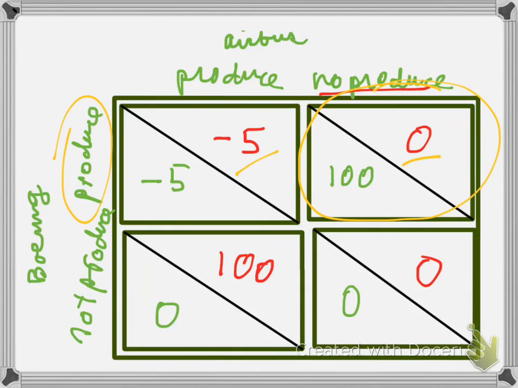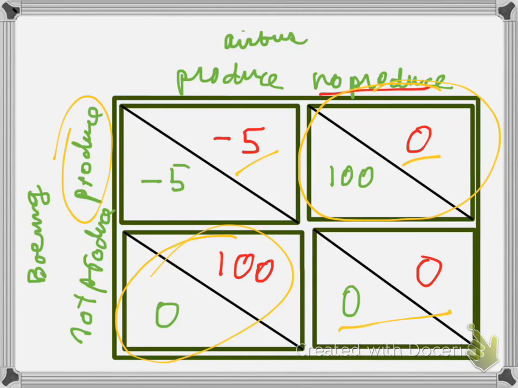But there's another equilibrium in the game, which is if Airbus is producing, then Boeing should not produce, because if Airbus is producing and Boeing produces, Boeing would earn minus 5. So they don't want to do that. So we have two Nash equilibria in the game.